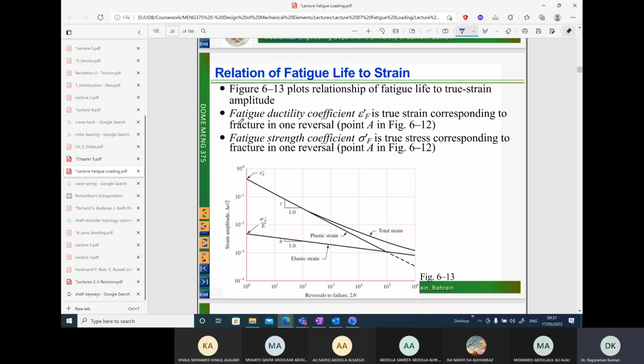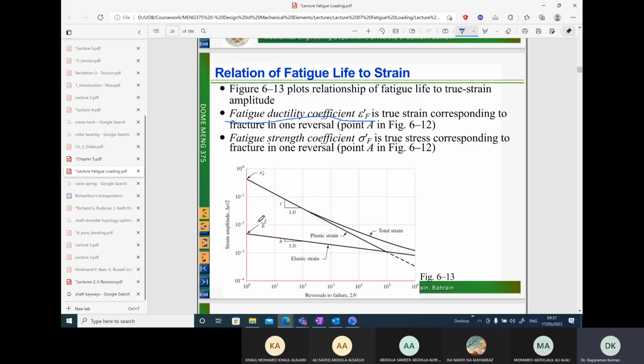There is the point of intersection between the plastic strain curve and the y-axis here, and this point of intersection we are going to call the fatigue ductility coefficient, epsilon f prime, and this can be obtained graphically. In the same way, between the elastic curve and the y-axis there is a point of intersection.